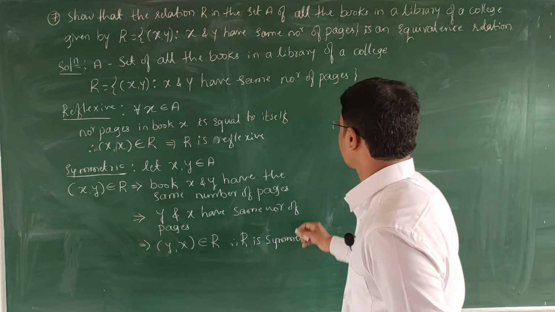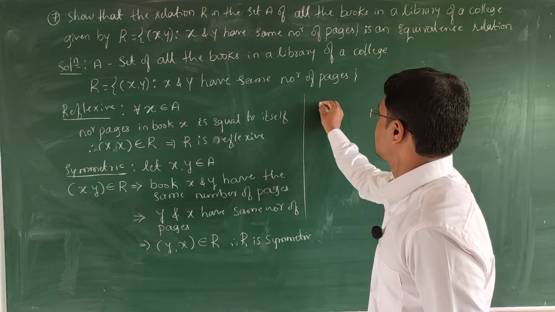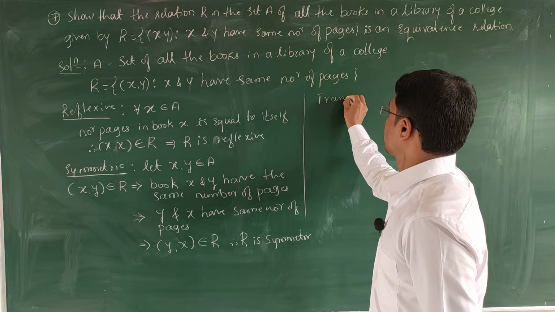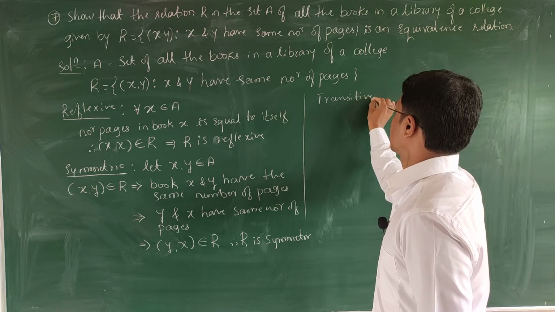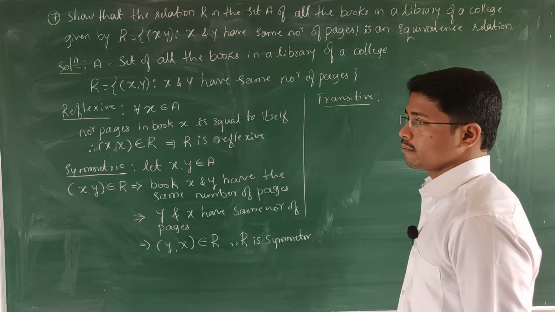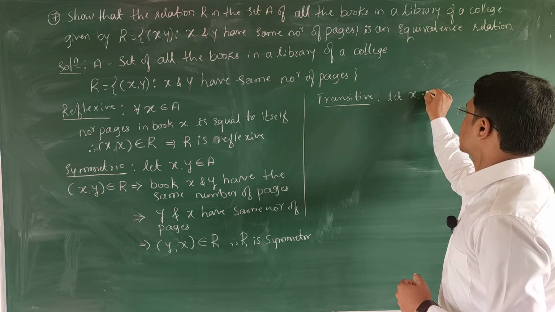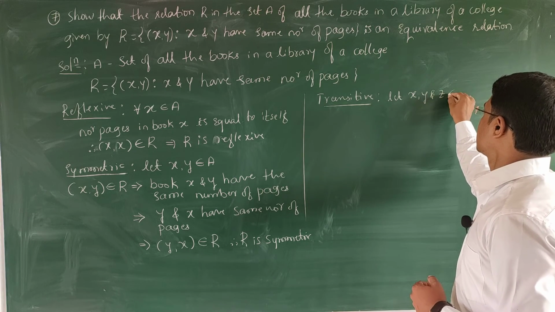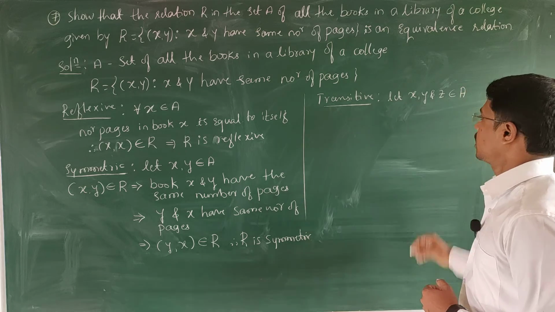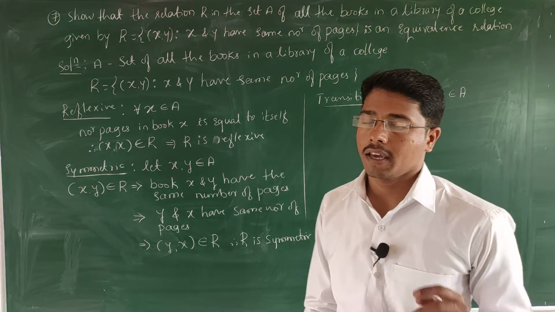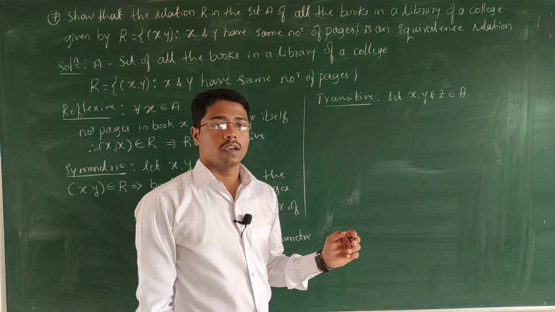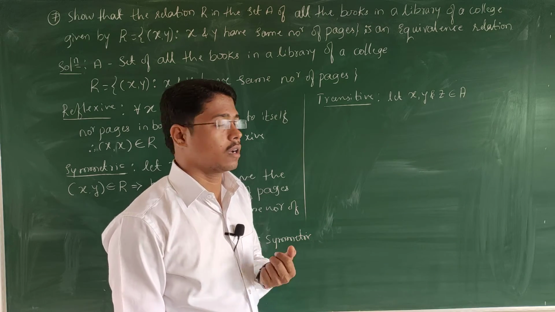Next, transitive. So let us consider three books. Let X, Y and Z belong to the set A. That is, X, Y and Z are three books of a library of a college.